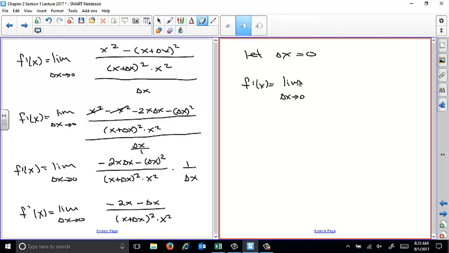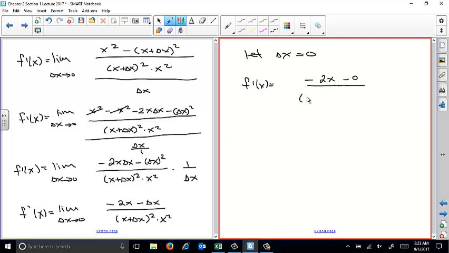So that leaves negative 2x divided by, well, let me put in minus 0, and then x plus 0 squared times x squared. So that's negative 2x divided by x to the 4th, and that simplifies down to negative 2 divided by x cubed. And that's your answer.